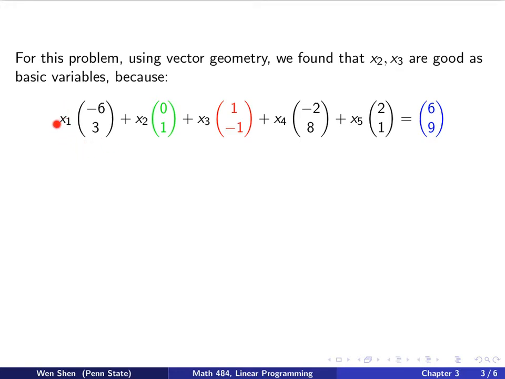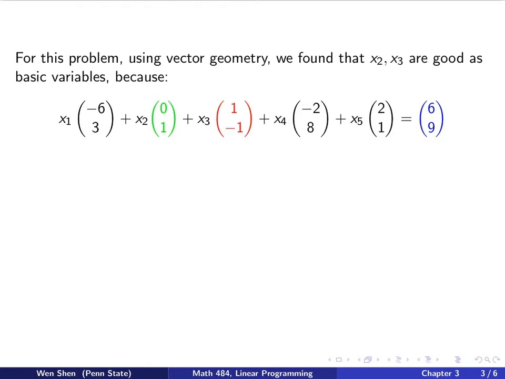We pull out x1, x2, the variables, and we collect the coefficients and put them in vectors. The right-hand side is here. Basically this is the same as the constraints, now rewritten in this specific form.